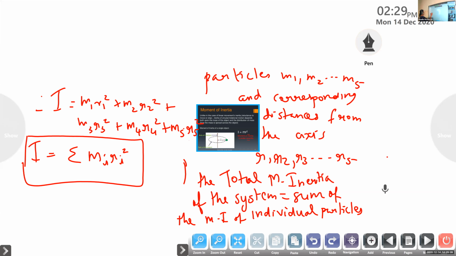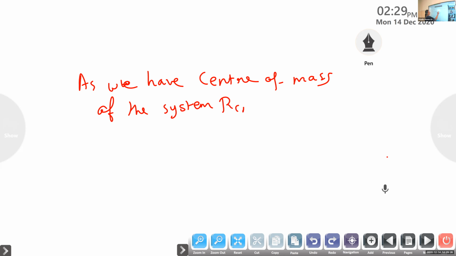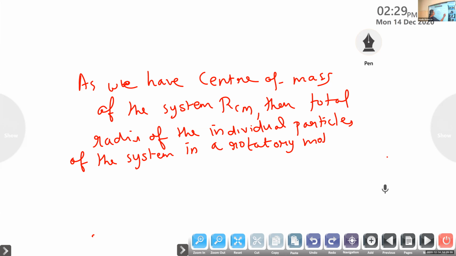Next line. As we have the center of mass of the system, RCM, the total radii of the individual particles of the system in a rotatory motion is measured as the radius of gyration.